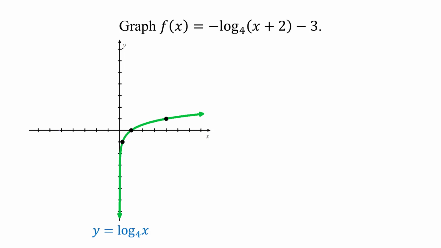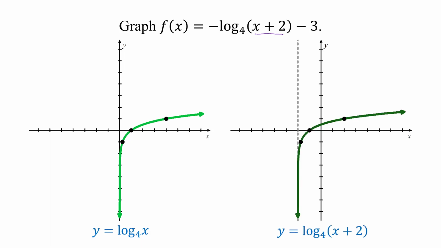Now we're going to start doing some transformations until we have graphed f of x. The first transformation, I look at the input to my log, which would be x plus 2, telling me that I want to shift the graph of y equals log to the base 4 of x to the left by 2 units. And once we do that, we will have a graph of y equals log to the base 4 of (x plus 2).